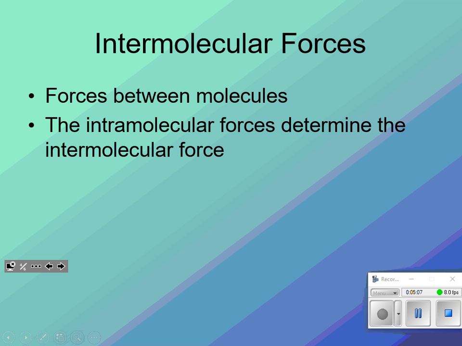Second bullet point was one that I tried to emphasize in Chem 1. The bond type within one molecule determines how multiple molecules are held together. So the intramolecular force determines the intermolecular force.